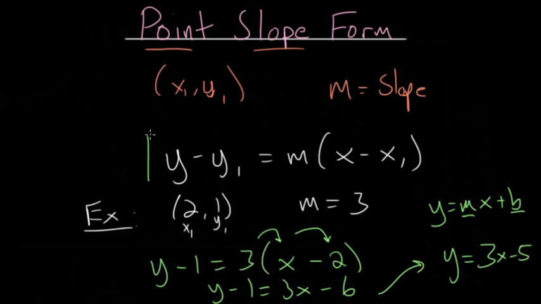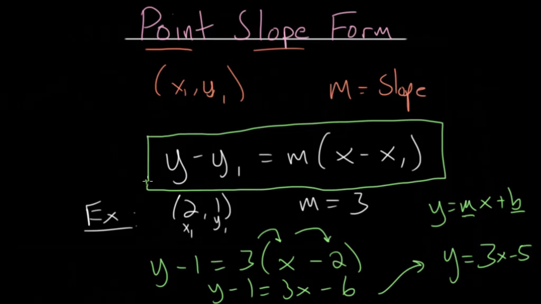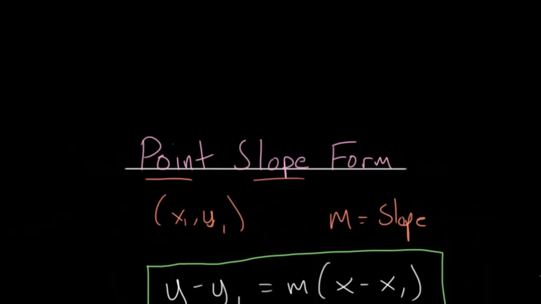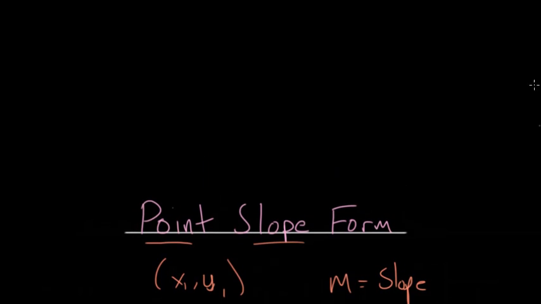And so you might be wondering, where does this point-slope form come from? It makes a lot of sense that this form works. It actually comes from the formula for the slope when you're given 2 points.